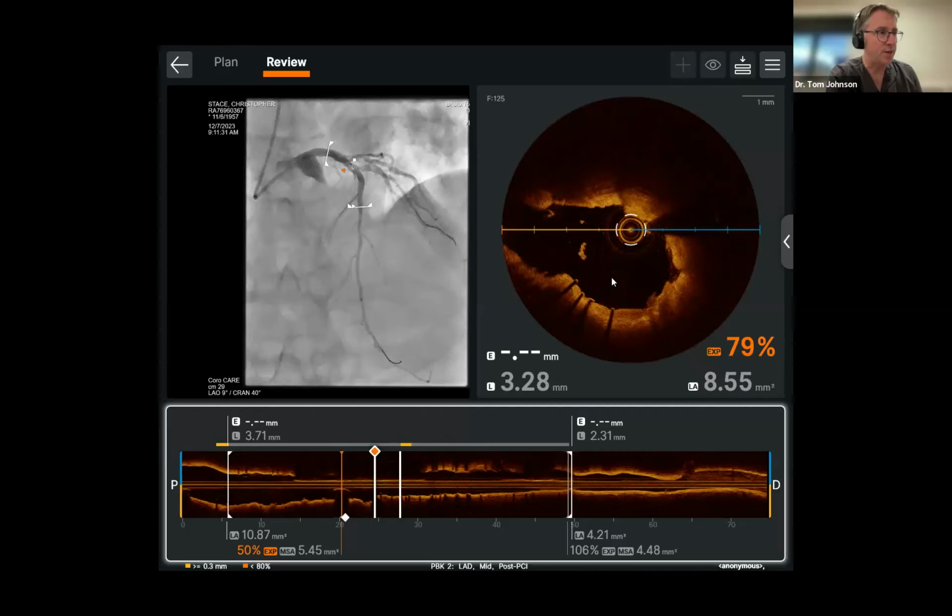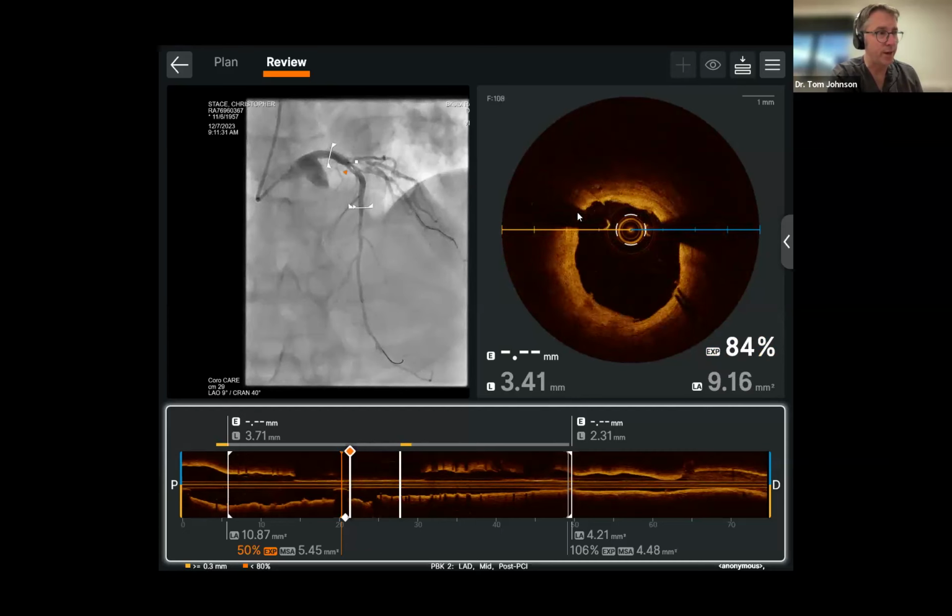Here we see the point of the bifurcation. As we might have anticipated from that 3D, there are some struts hanging distally, but it clears quite well. The ostium to the side branch opens quite nicely, and you'll then see the diagonal wire coming into the field as we come into the more proximal LAD.